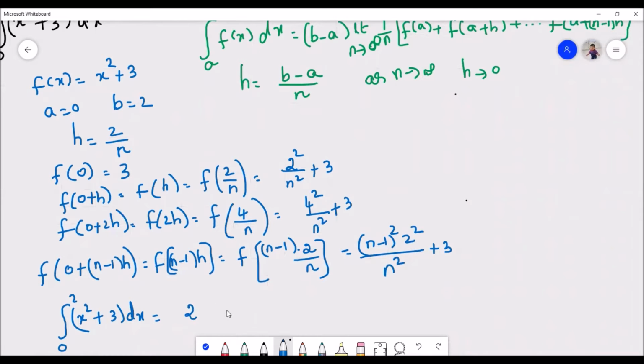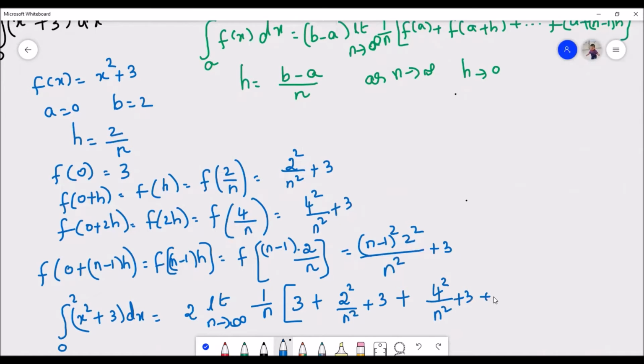So 2 times the limit as n tends to infinity of 1 by n of f of 0, the first value, which is 3, plus f of 0 plus h, which is 2 square divided by n square plus 3, plus f of 0 plus 2h, which is 4 square divided by n square plus 3, plus and so on.